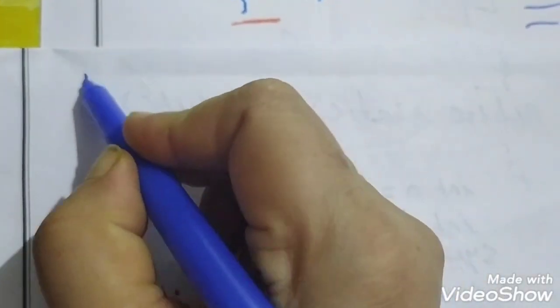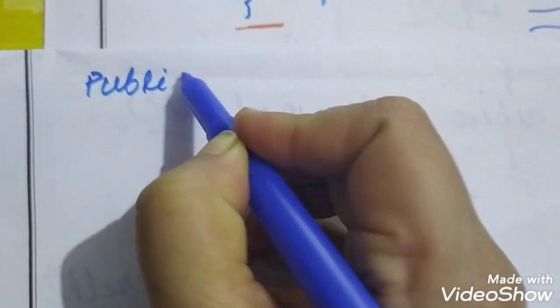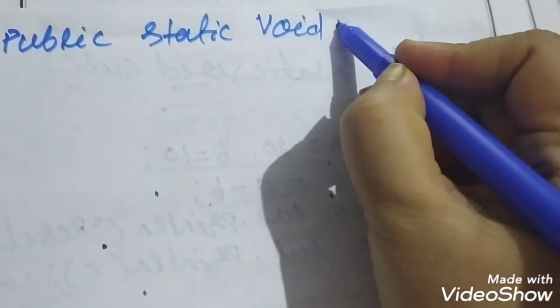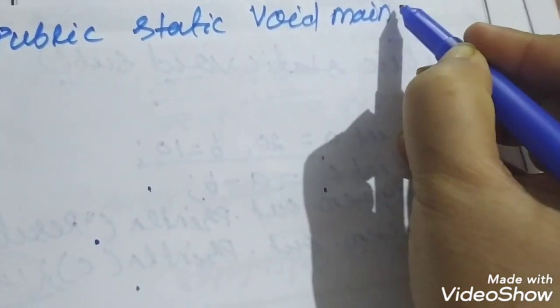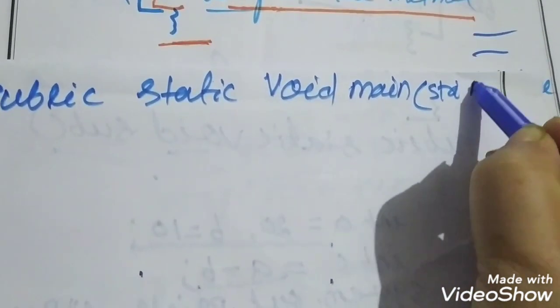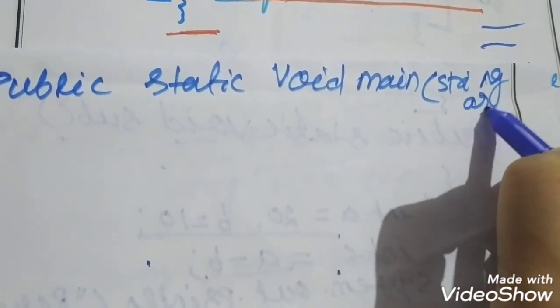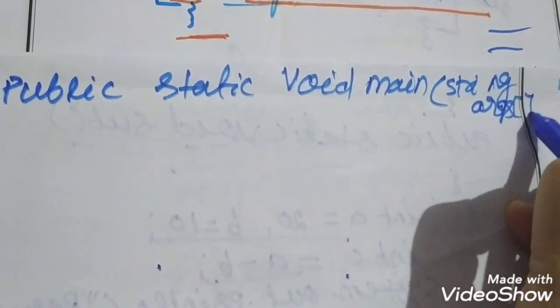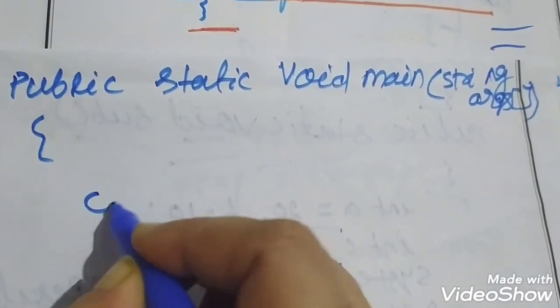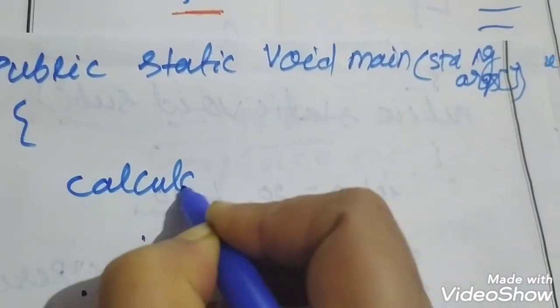Okay. In the main method I have to write public static void main, then String args, then curly braces, then we are calling the functions.